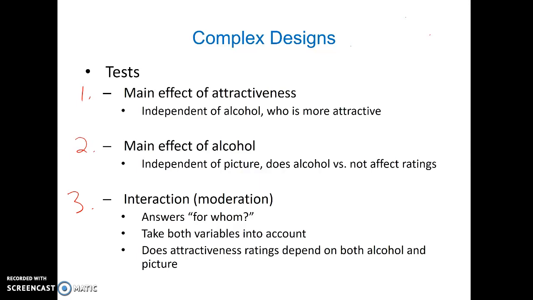Obviously, these designs get more and more complex. Let's say you have three independent variables. All right? That means you're testing the main effect of A, B, C. That's three effects right there. You're testing A times B, A times C, B times C, and the ABC interaction. All right, so let's be clear on that. So let's say you have independent variable 1, independent variable 2, independent variable 3.